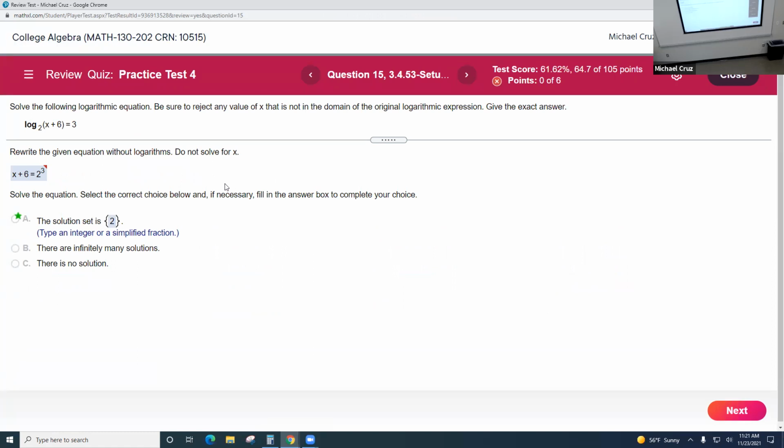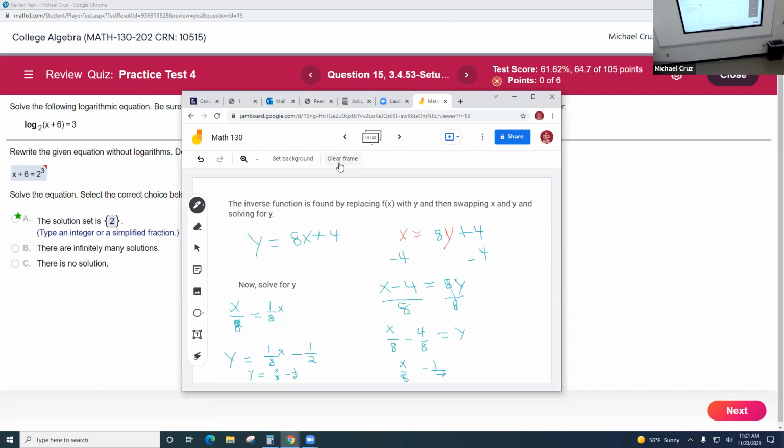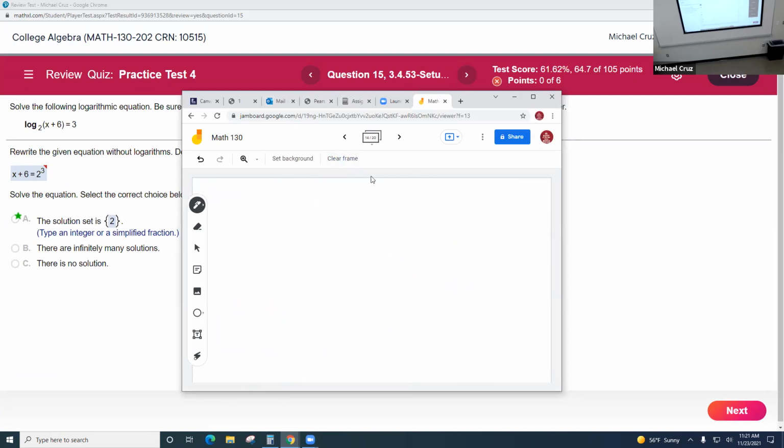All right, so solve the following logarithmic equation. There's that one-to-one thing it's called. So it's log base 2. If we write it as an exponent, it means that x plus 6 is equal to 2 to the third power, correct?